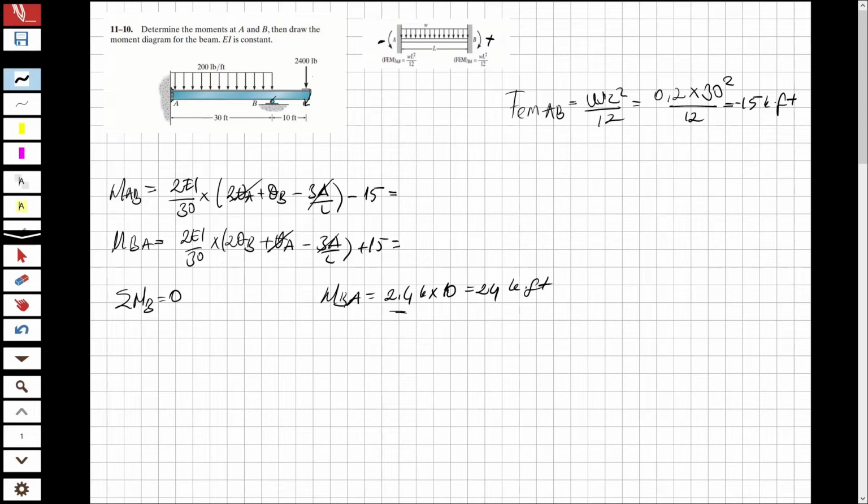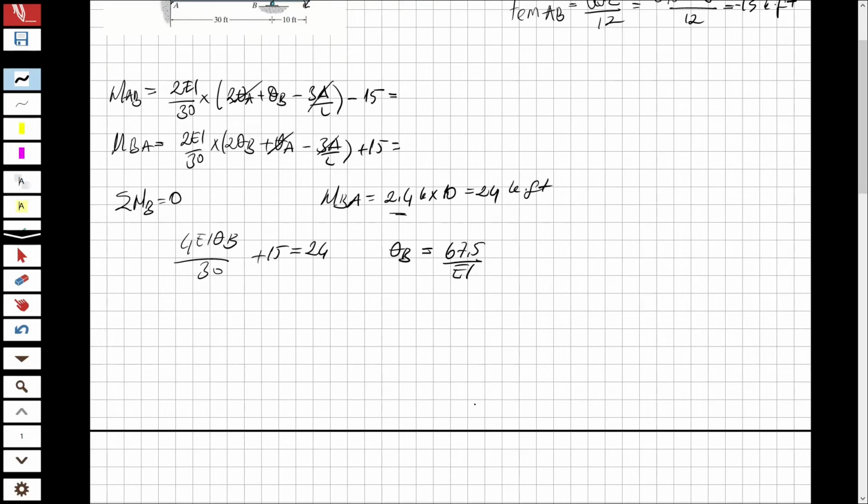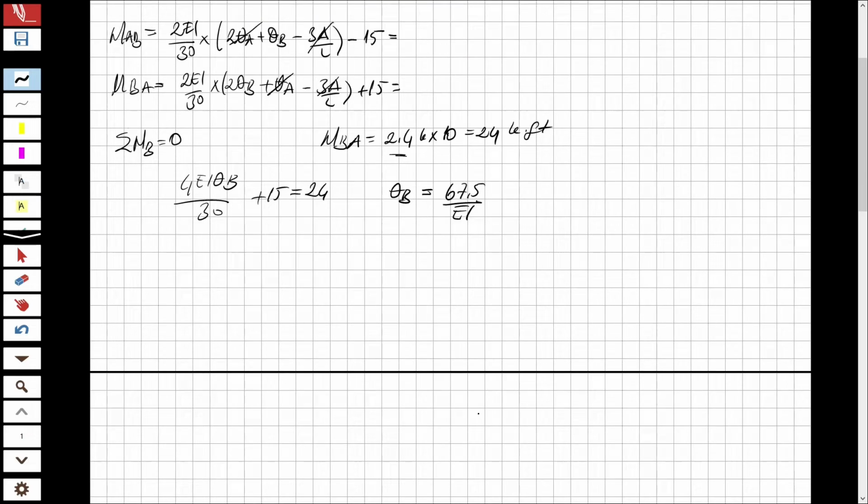Okay, so now let's write the equation here. 4EI theta B over 30 plus 15 equal to 24, and from this theta B will be equal to 67.5 over EI. Now you know EI is always constant. If it's given, you write it and make your calculation. There will be no change.